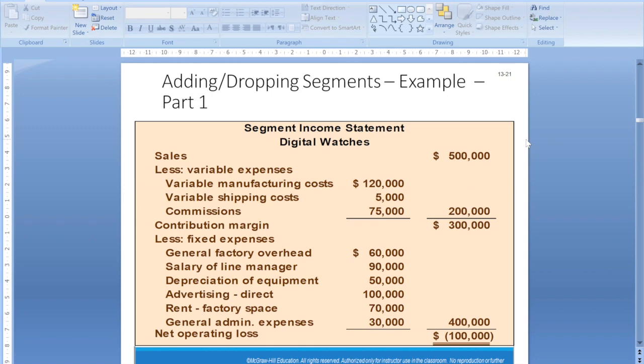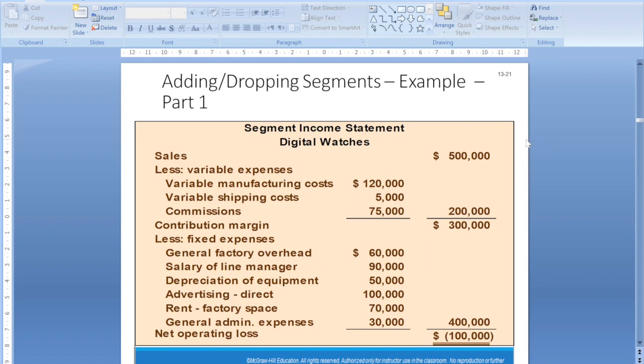Less fixed expenses. We have general factory overhead of $60,000, salary of the line manager of $90,000, depreciation of equipment of $50,000, advertising, which is a direct expense, of $100,000, rent of factory space of $70,000, and general administrative expenses of $30,000.